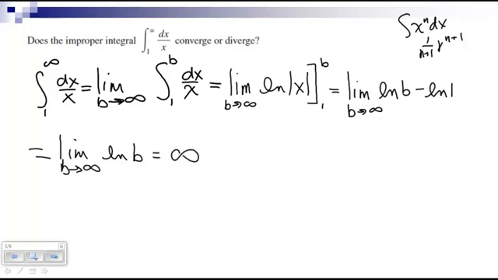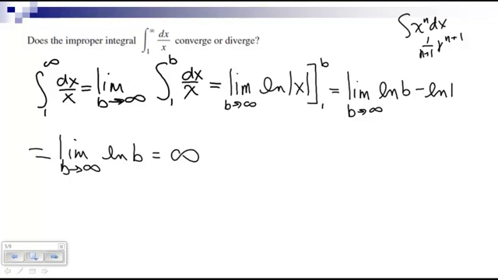Explain yourself, Chris. Chris thinks this goes to infinity. Marissa? You gave a little head nod. We tried it on the calculator. We put in a really big number and it just keeps on going up. As b gets bigger, the natural log of that number gets bigger. It does very slowly. The natural log of a billion is something like 15.